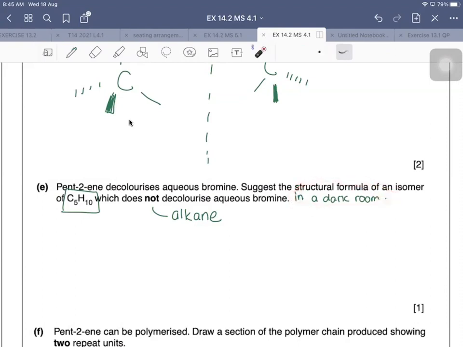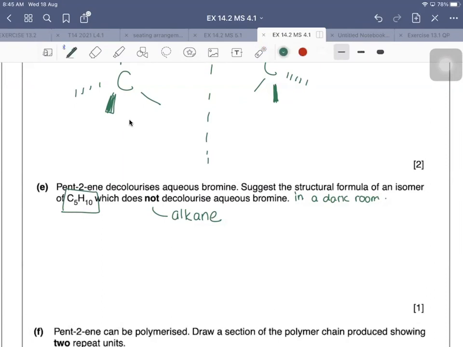Now the question is, what structure would have a formula of C5H10? Because technically alkanes, based on the general formula, would be C5H12. And it must not have a double bond.